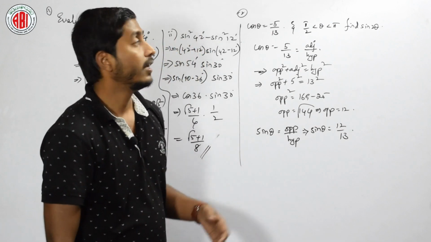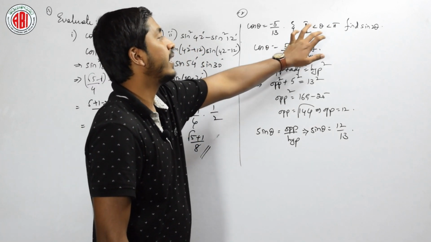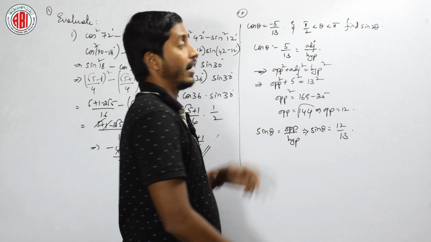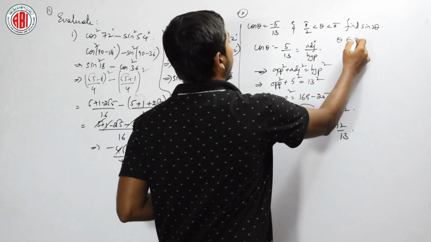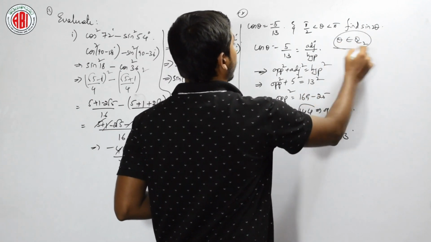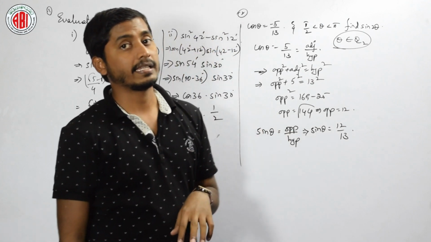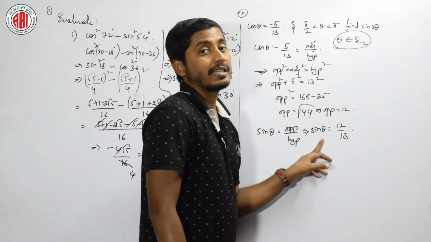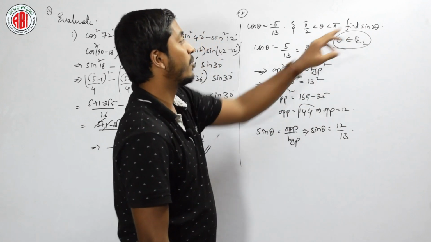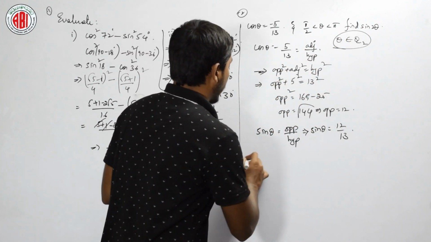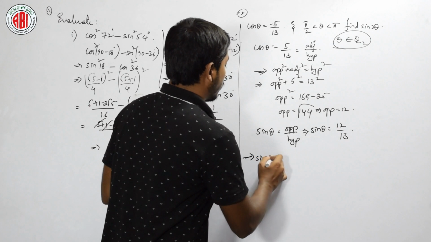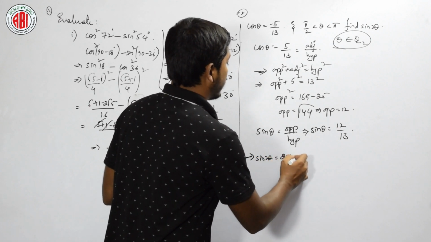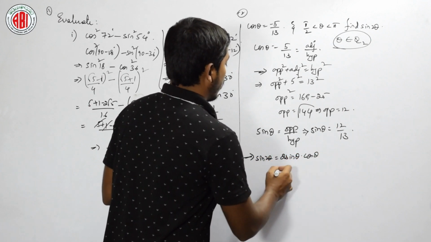Is it right? He is telling that the theta lies in between pi by 2 and pi, that is theta belongs to second quadrant, where cos is negative and sin is positive. Therefore, the value of sin will be plus 12 by 13. And what about the value of sin 2 theta now? Therefore, sin 2 theta is equal to, formula is 2 sin theta into cos theta.